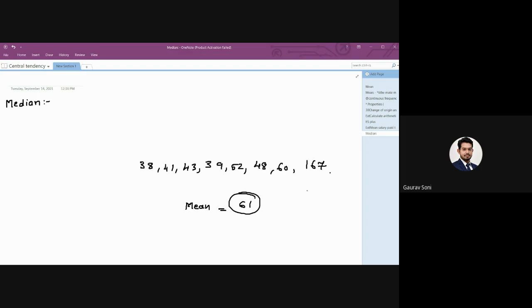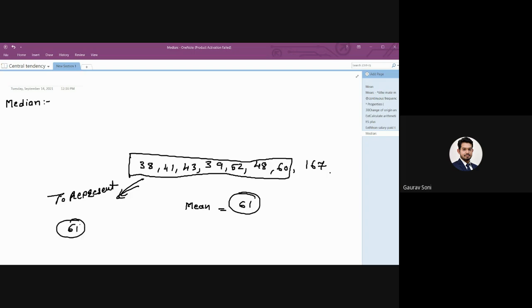But if you see now, 61 is larger than all these entries, right? So if I want to represent this data, the mean is not a good way to represent it.